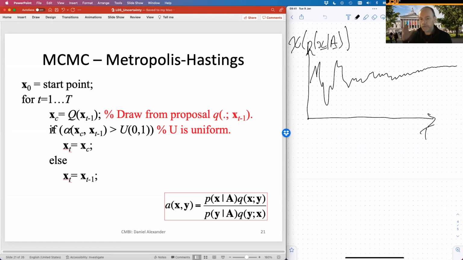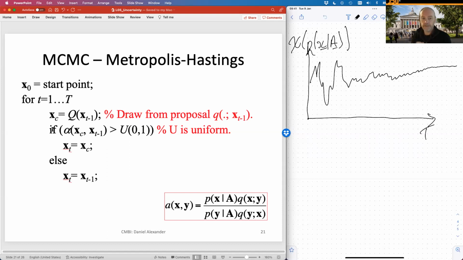It's a sequence of n, a permutation of n integers, whereas more commonly in parameter estimation, we would have continuously valued parameters that we're trying to estimate. And the outline of the algorithm I've got here is designed to explain how we sample parameters that have continuous values.